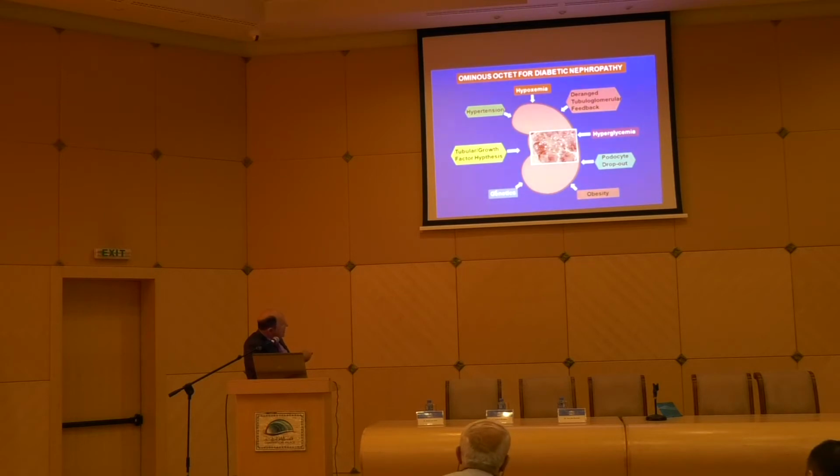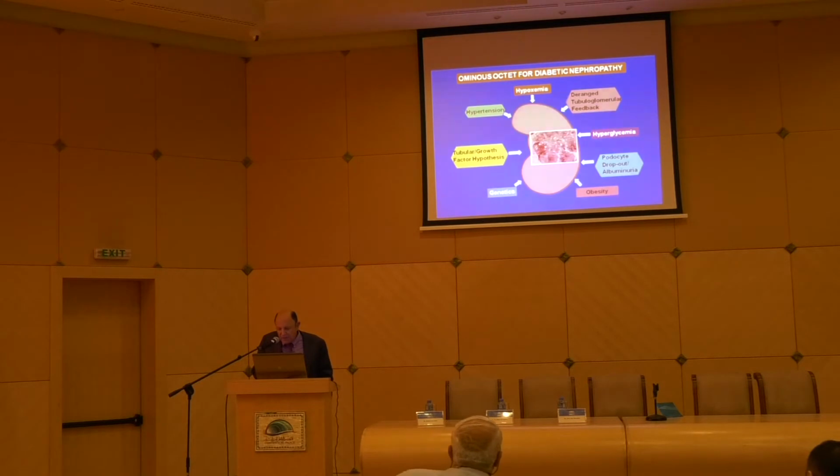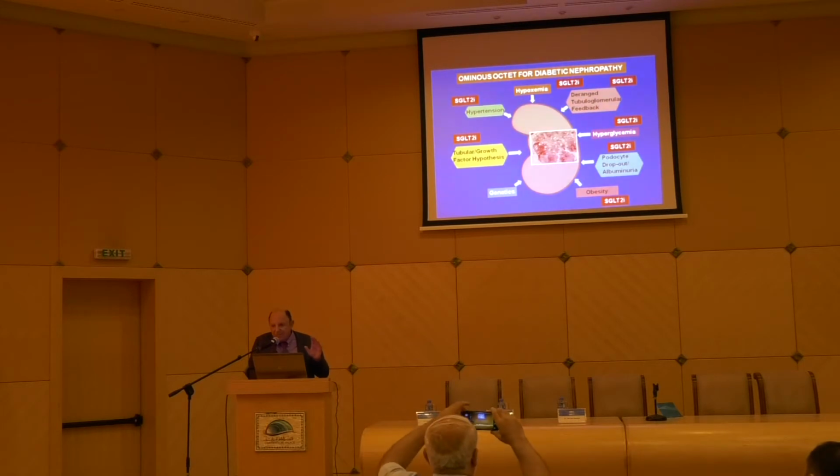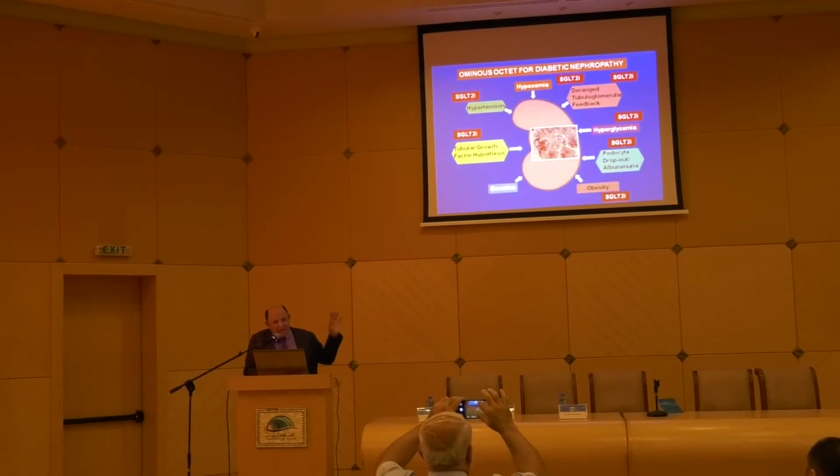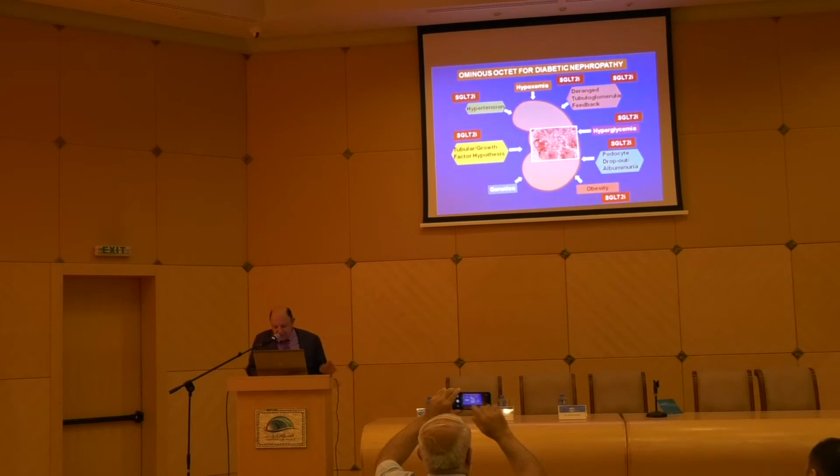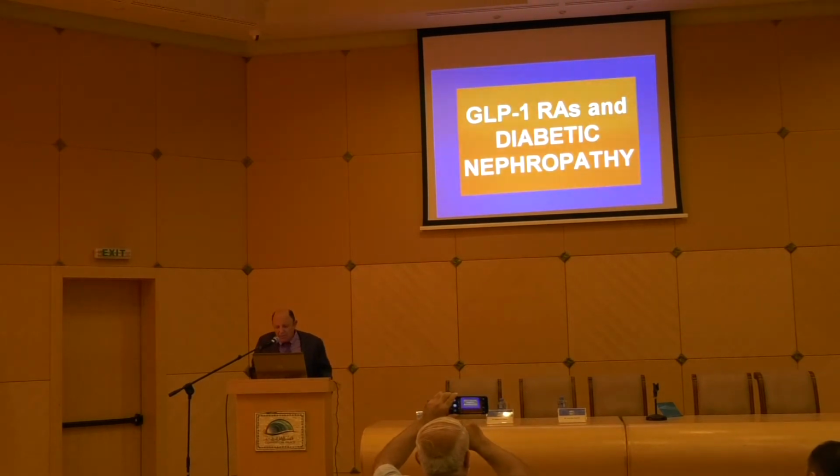And then, of course, the genetic background is very important. And if we look at the SGLT2 inhibitors, they correct 6 of these 8 problems. So people want to focus on the tuberoglomerular feedback aspect of things, but I think we need to broaden our perspective and then look at the whole picture.